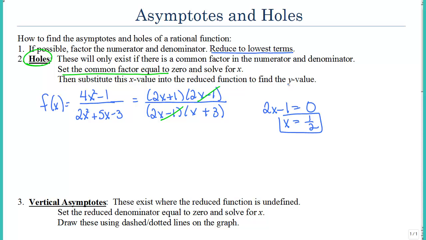Now we need to know what the y value of that hole is. And so we have to substitute this x value into the reduced function. And so our reduced function is (2x plus 1) over (x plus 3), and I want to evaluate that at 1/2.